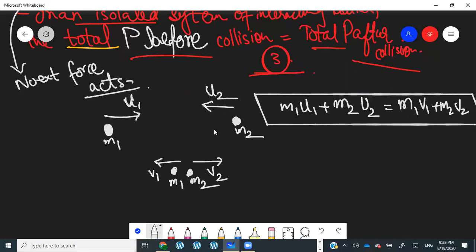And by the way, U1 and U2 are opposite. If the value of U1 is 10 meters per second and the value of U2 is, let's say, 20 meters per second, then one of them is going to be taken as negative because their directions are opposite and momentum is a vector quantity. No matter which direction you take as positive, right or left, it's up to you.